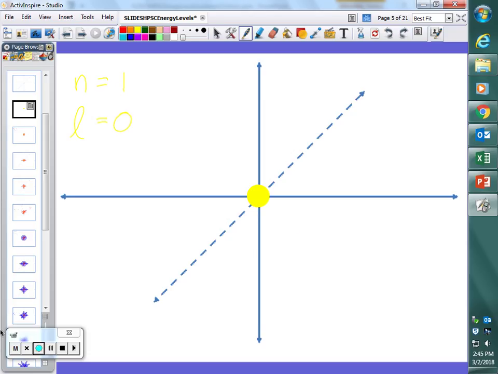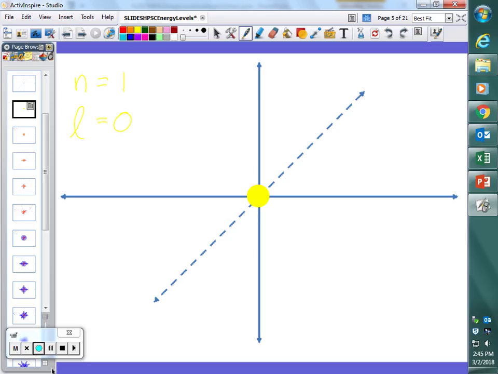If we use that little thing that we just talked about, m values run from negative L to positive L. What's negative L in this case? Negative 0. What's positive L? Positive 0. Is there anything that's different about negative 0 and positive 0? No, it's not.